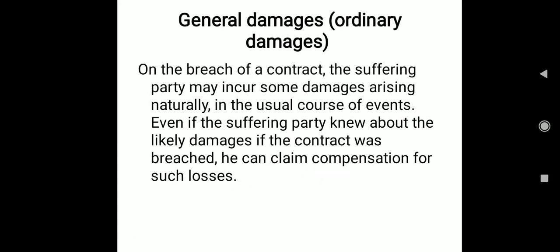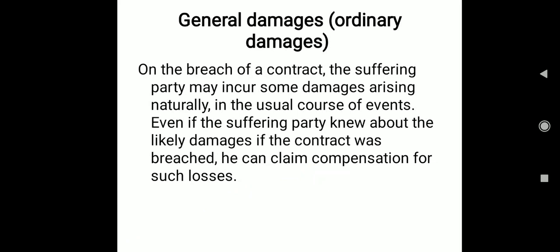Now suppose there is a contract between you and me, where you have agreed to sell 10 bags of sugar to me for rupees 5,000 after 2 months on a fixed date. But on the date of delivery the price of sugar increased and you refuse to do the delivery, and I purchase the same sugar from somebody else after paying more.